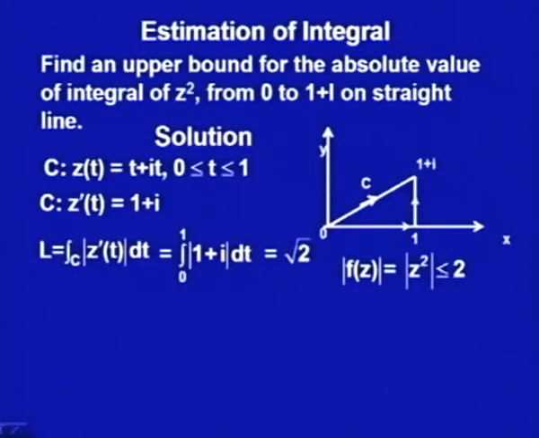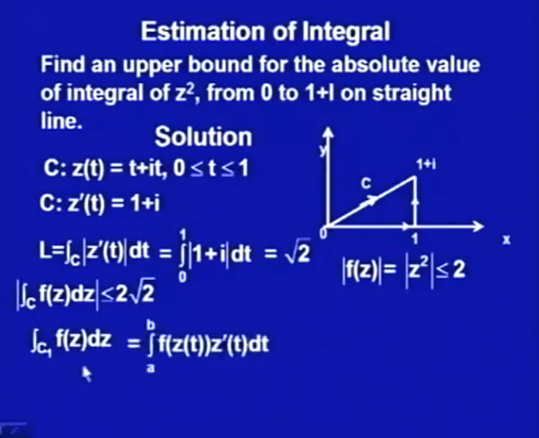And f z is z square. The absolute value of z square along this line, if you see, z is going to be along this line, the maximum value could be less than 2. So if I use that ML inequality, we get 2 root 2. What is the actual value of this integral?